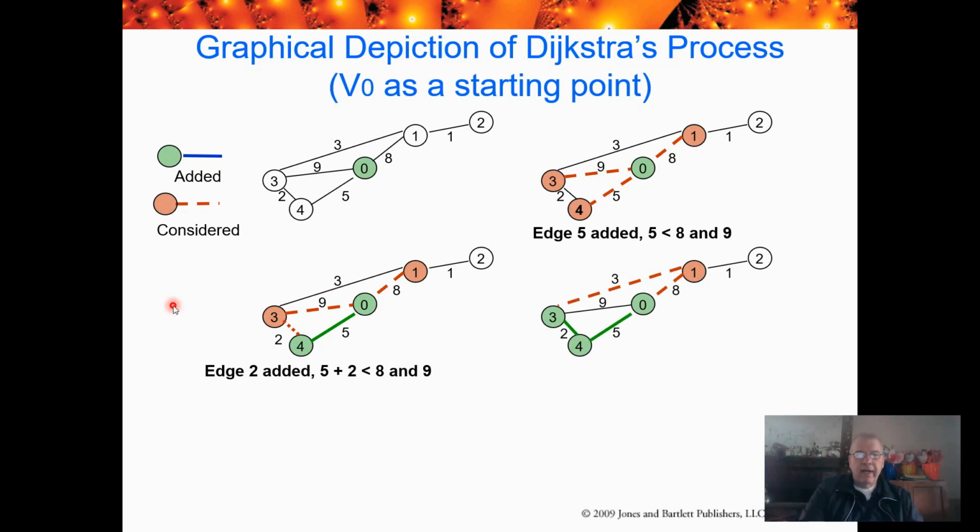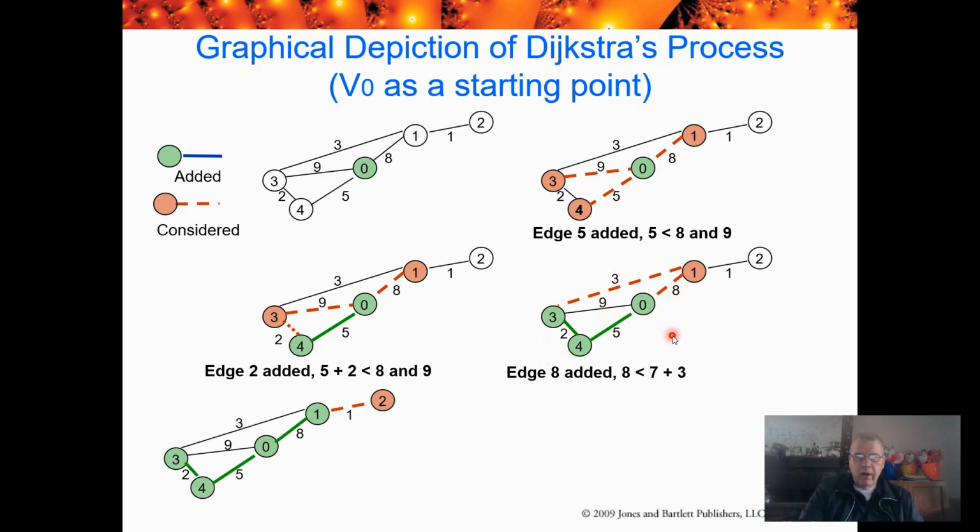So we add edge 2, and now we consider 3 and 8. 8 is more than 7 plus 3, so we have 7 to get to vertex 3. And then 5 plus 2 plus 3 is 7, plus 3 is 10. So 8 is less than 10, so we choose that edge and 1.